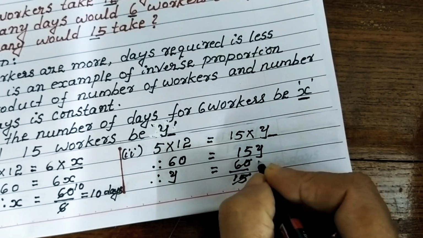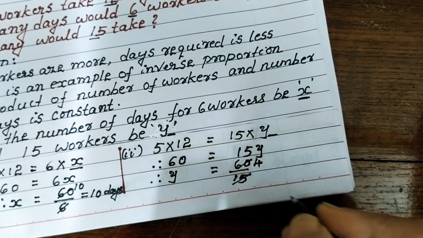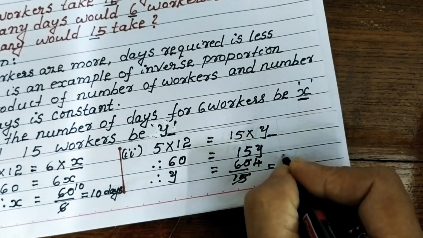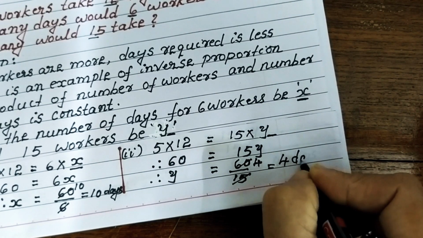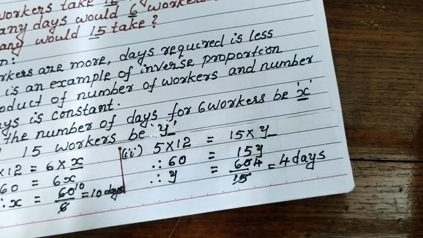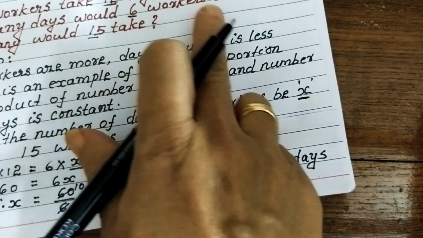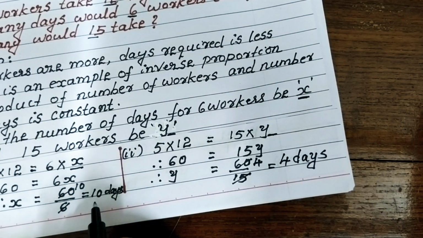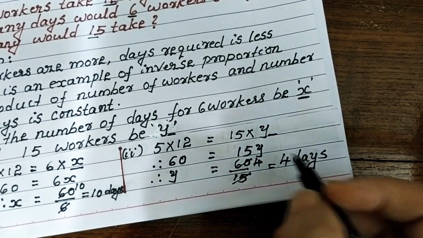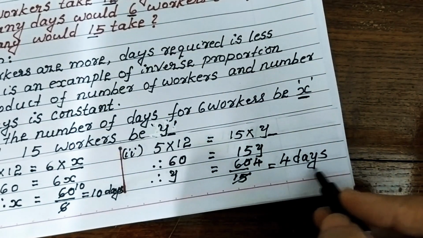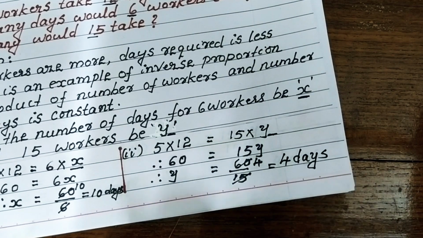You can cancel this. You will get 15 fours are 60. How many days? 4 days. Okay. 6 workers take 10 days and 15 workers take 4 days.